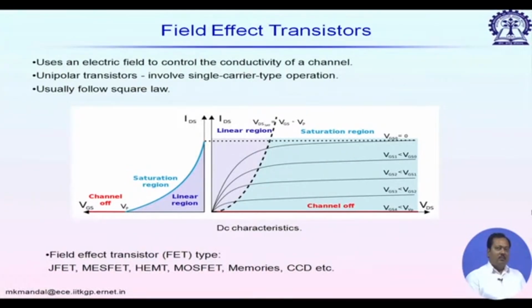Next is the field effect transistor, MOSFET typically. In low frequency applications, we already know the equivalent circuit of a MOSFET. It is a unipolar device, and the device characteristic is controlled by the applied electric field.